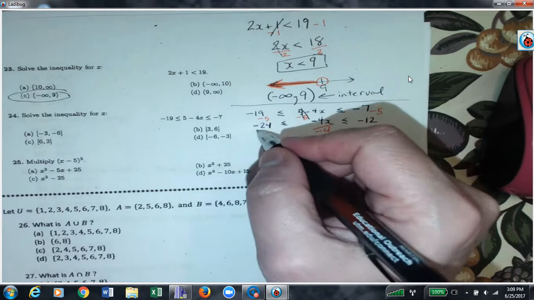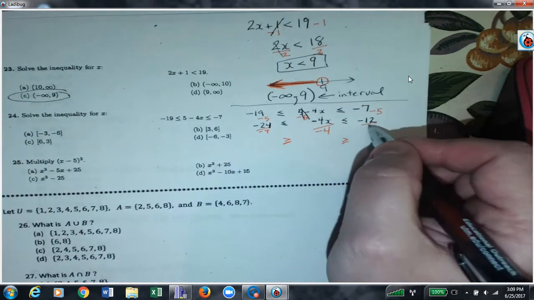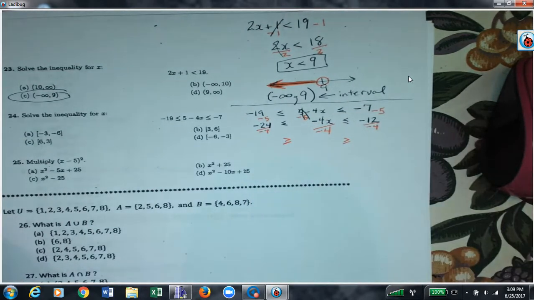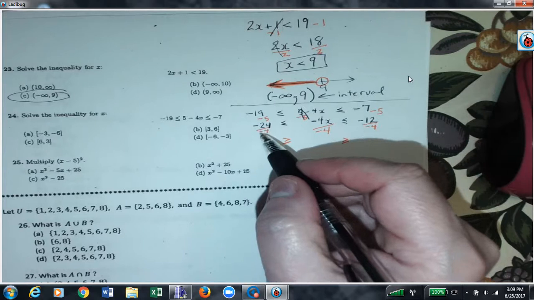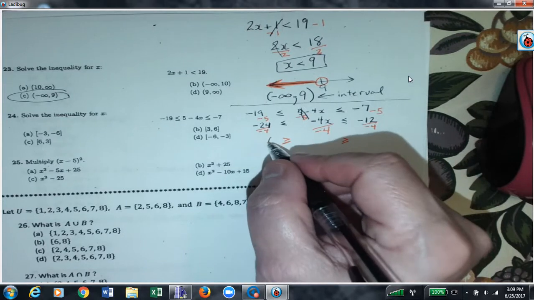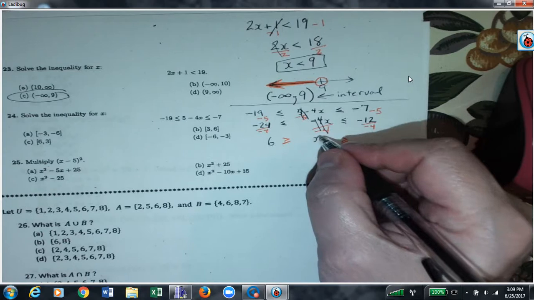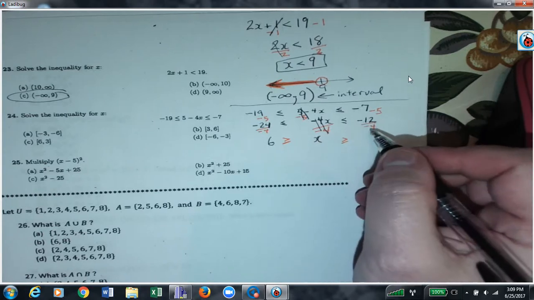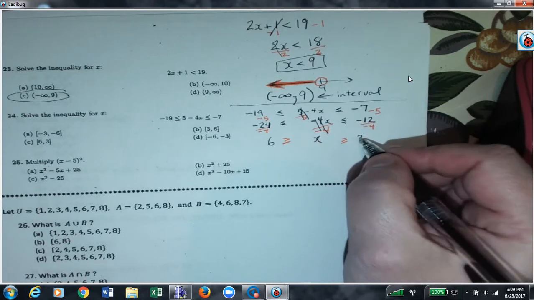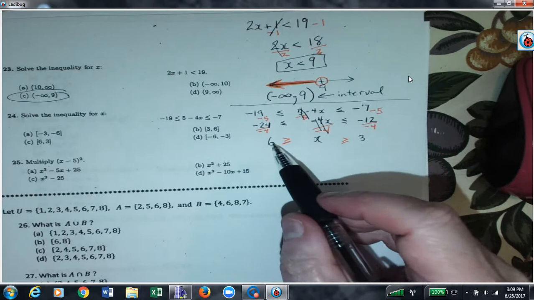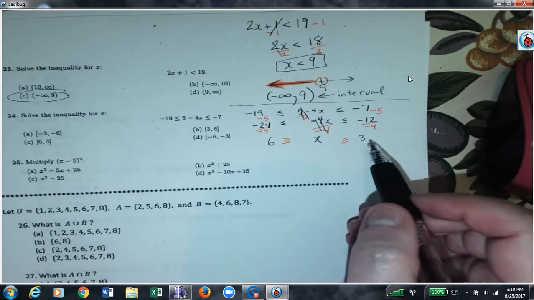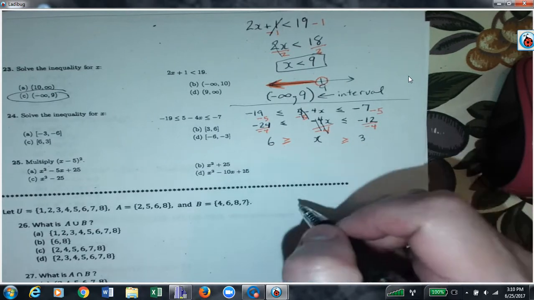So negative 24 divided by negative 4 is positive 6. These cancel. I'm left with x. And negative 12 divided by negative 4 is positive 3. So x is between 6 and 3, inclusive.